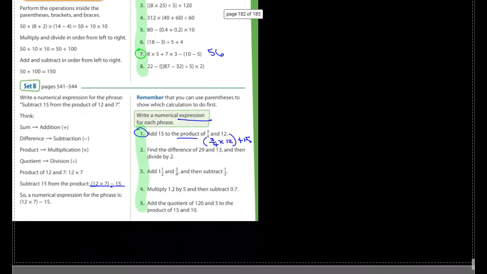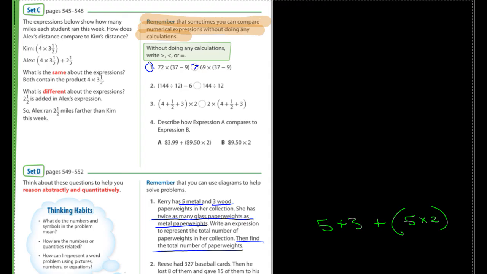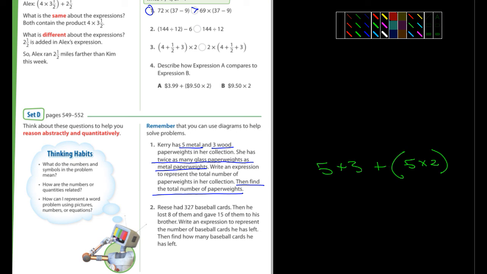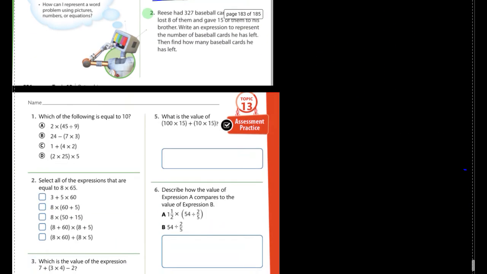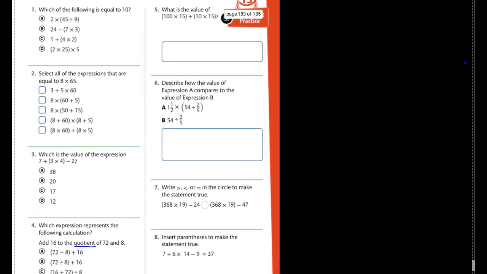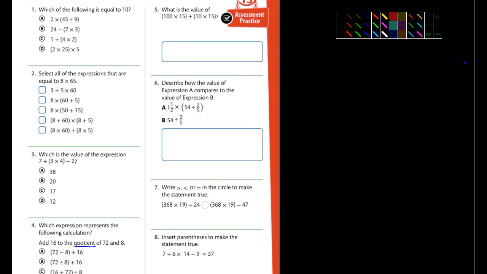Next page, you can do 1 through 4, and then you can do 1 and 2, and I pretty much did 1 for you there. And then on this page here, you can do all these. You can do 1, 2, 3, 4, 5, 6, 7, 8.